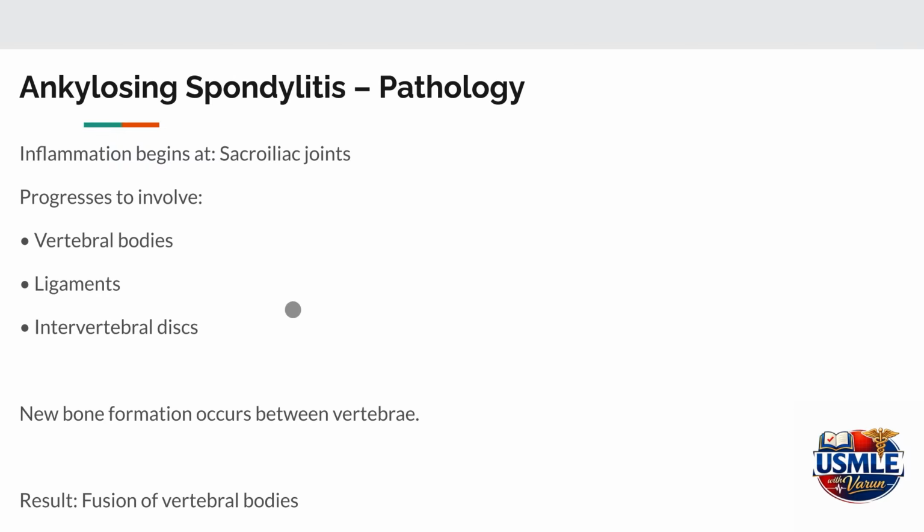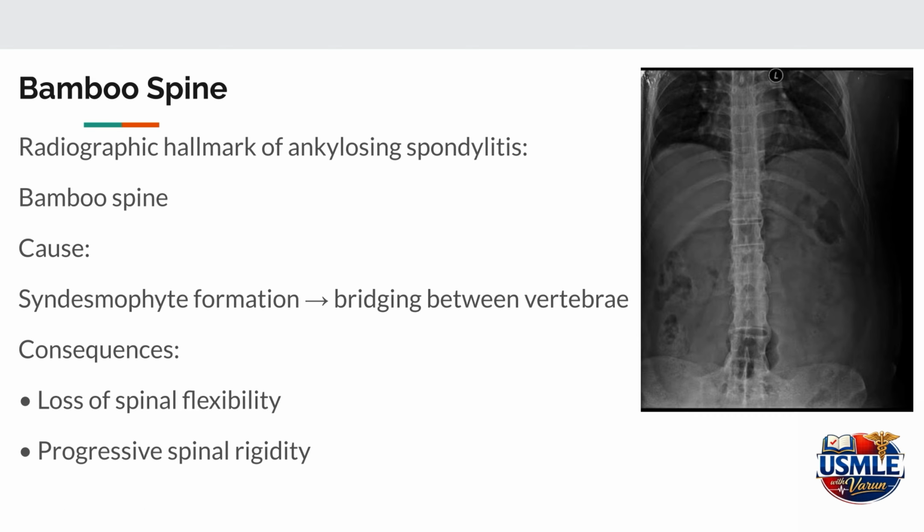In ankylosing spondylitis, inflammation usually begins in the sacroiliac joints. From there, the inflammatory process spreads to involved vertebral bodies, spinal ligaments, and intervertebral discs. As the disease progresses, new bone begins to form between the adjacent vertebrae. This abnormal bone formation eventually causes fusion of the vertebral bodies, which reduces spinal mobility.